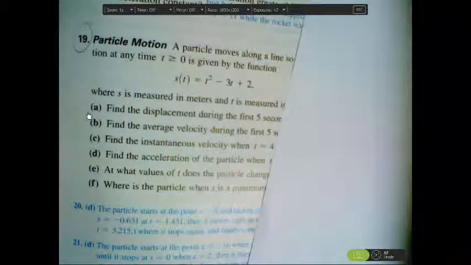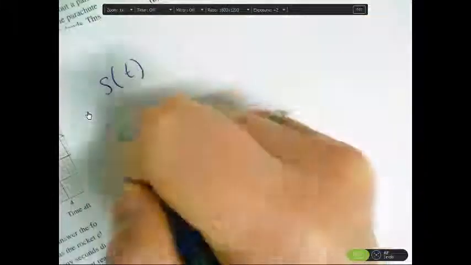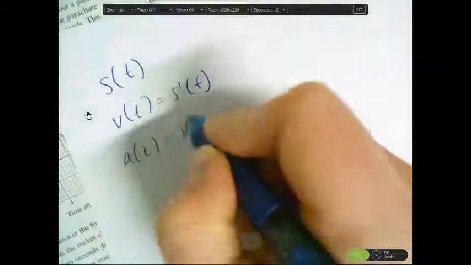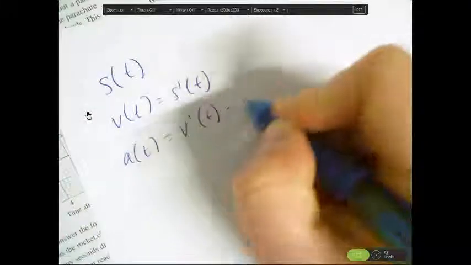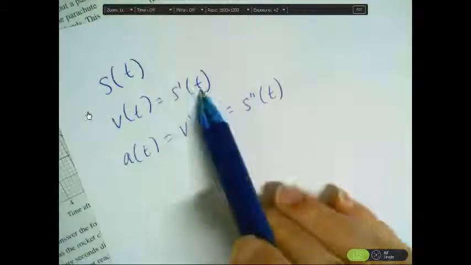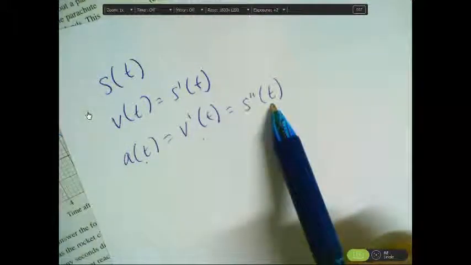S of t. V of t equals S prime of t, A of t equals V prime of t equals S double prime of t. Velocity is the derivative of position, acceleration is the derivative of velocity, also known as the second derivative of position.